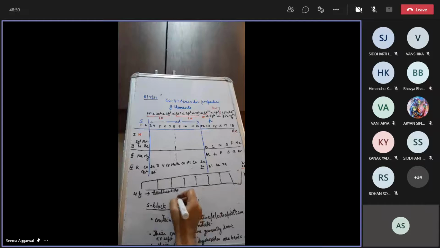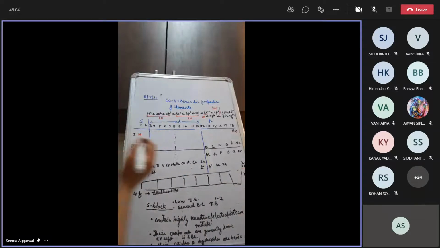And another point is what is the general electronic configuration. Outermost shell क्या होता है? S orbital ही है ना? तो ns और s पे कितने इलेक्ट्रॉन होते हैं? या तो 1 और 2. जैसे अगर मेरे को लिथियम की करनी है, what is the lithium configuration? 1s2, 2s1. तो outermost के 2s और s में कितने इलेक्ट्रॉन्स होते हैं? 1 और 2.